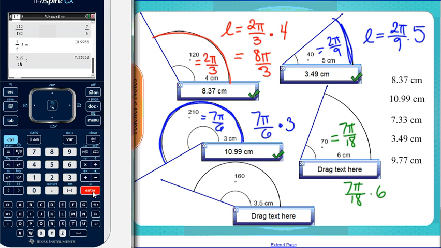Okay, and that's 7.33. And then of course, what's the last one? We haven't used 9.77.